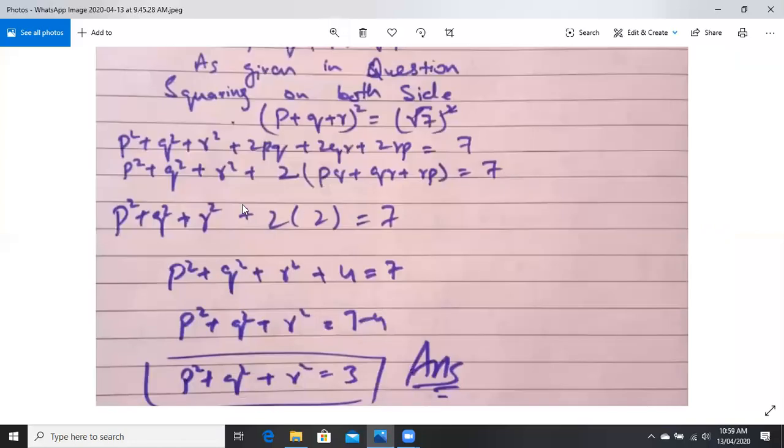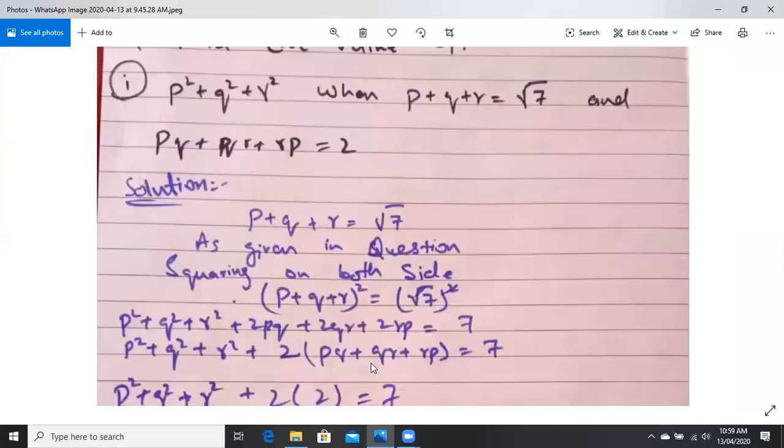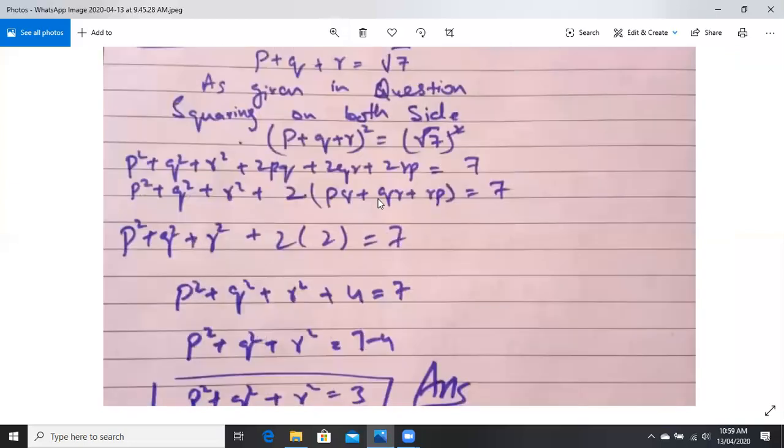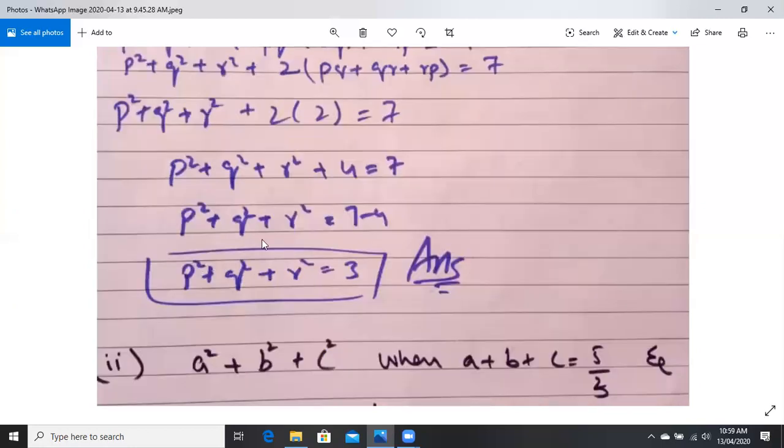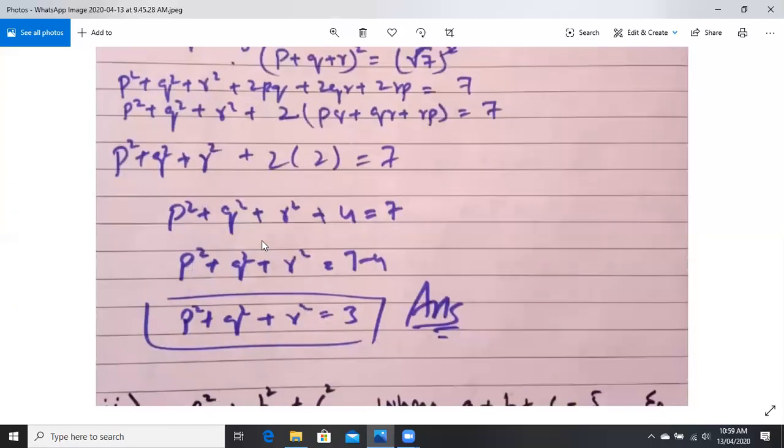So now pq plus qr plus rp is also given in the question, which is 2. So we just put 2 here, and 2 multiplied by 2 is 4, and we separate p square plus q square plus r square from the 4 because we have to find the value of this. So the 4 on the left side of the equation is plus, on the right side of the equation it will be minus. 7 minus 4 is 3. So the answer is p square plus q square plus r square equals 3.